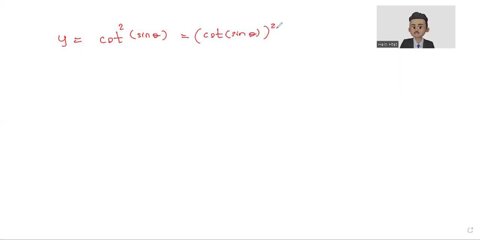So this one is a power. When you see a power, first put down the power, then reduce the power by one, and then number three, differentiate the base. Do you remember? I will go through this procedure.